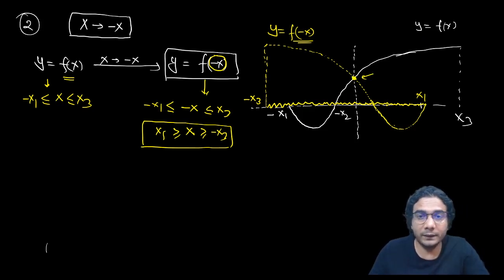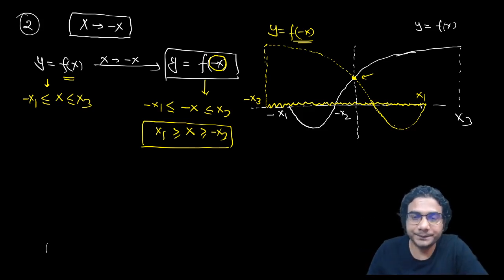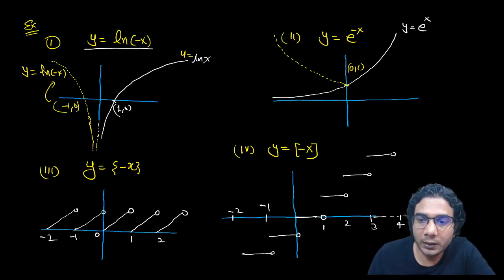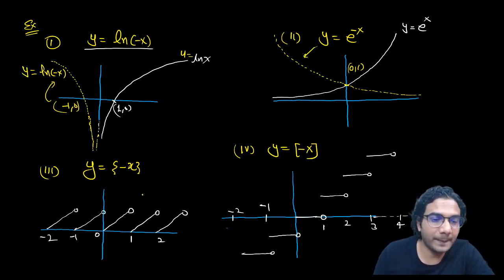So at that point, they both will cross each other, like that. So the graphs of f(x) and f(minus x) meet each other when x is equal to 0. Remember that. So this is the graph of y is equal to e raised to minus x.